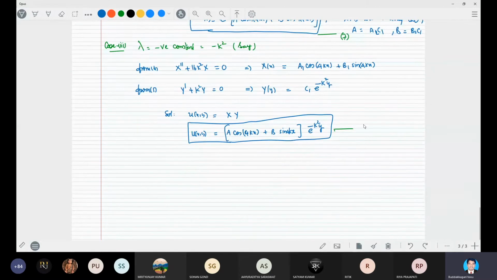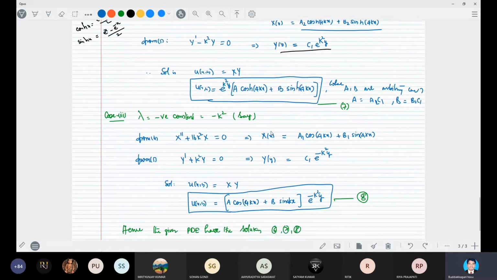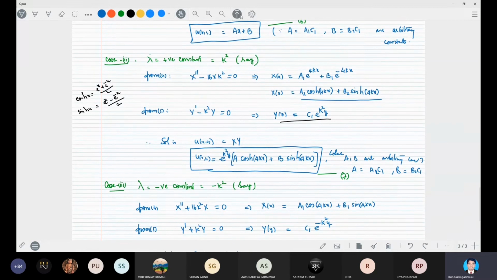So hence, the given PDE has not only a solution, it has the solutions 6, 7, 8, right? 6, 7, 8 are the possible solutions of the given differential equation.